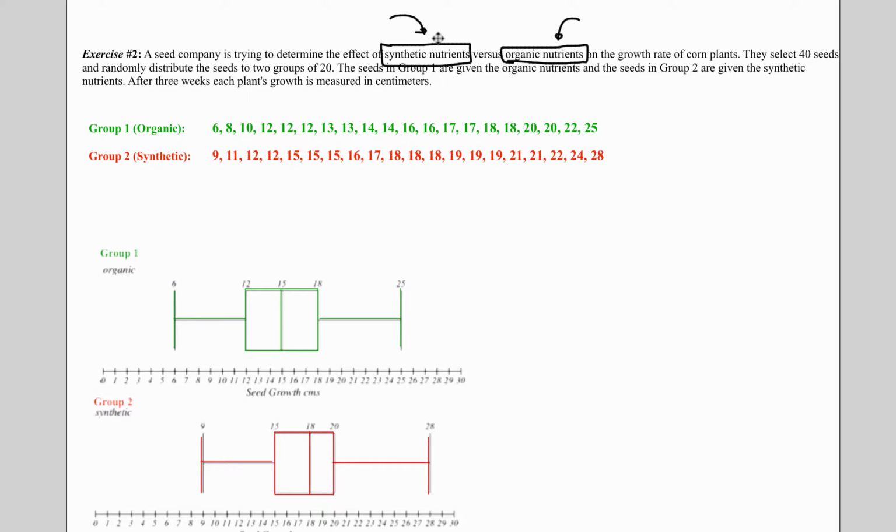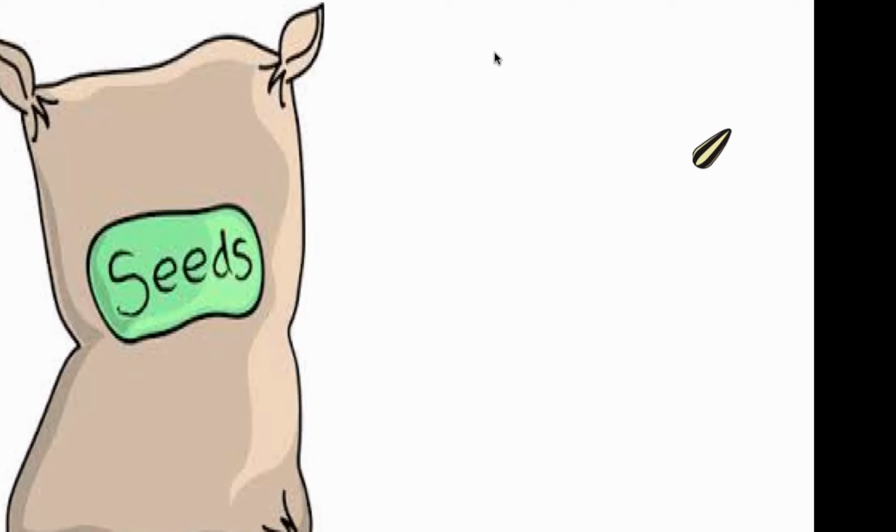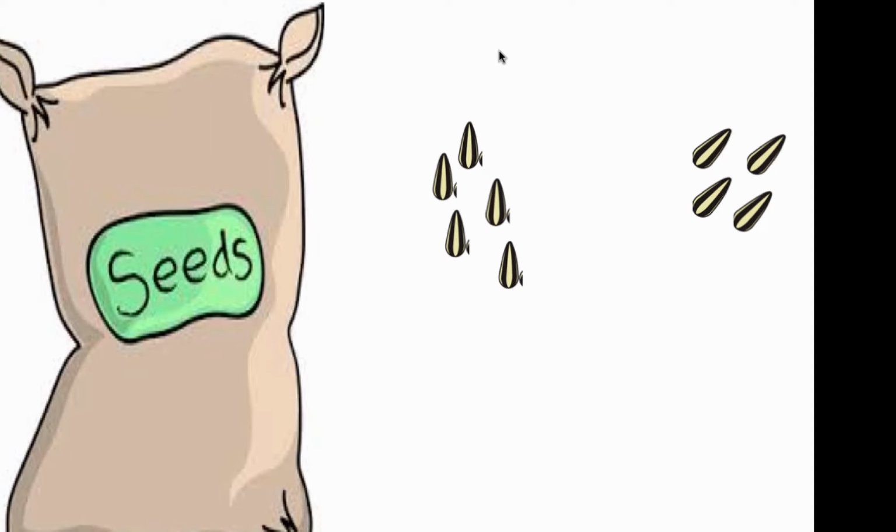And now we're going to study the growth rate of corn plants. They select 40 seeds randomly and distribute the seeds into 2 groups of 20. So basically, this is what happened. We have 2 seeds. One goes in one group, one goes in the other. So we're randomly picking seeds out of this bag. And there they go.